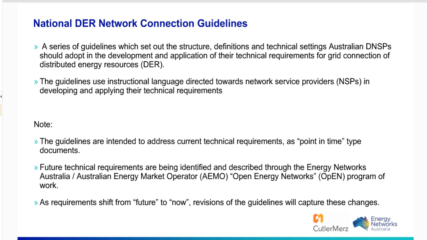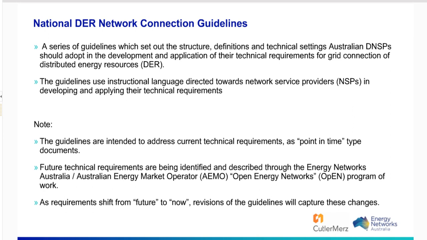Also, please note that these guidelines are intended to address and standardise the current technical requirements for connection. Through the consultation period, some people raised the idea of making them more future-looking. However, these documents have to be in line with the current rules and requirements to connect now.